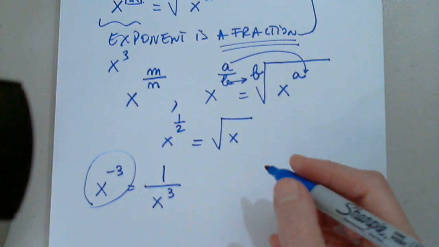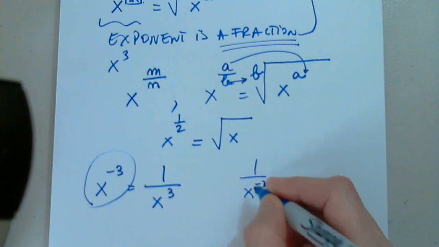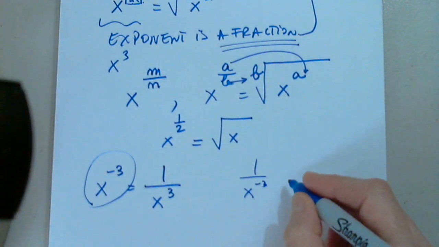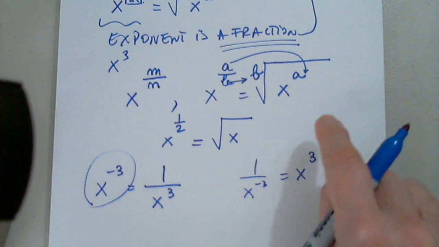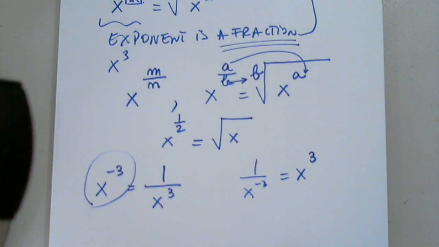What if I have 1 over x to negative 3? When I bring it up, I change its power from negative to positive. If it's in the numerator, I change it to the denominator and it becomes positive. If it's in the denominator, it goes to the numerator and becomes positive. Okay, so this was a quick refresher on what we need here.